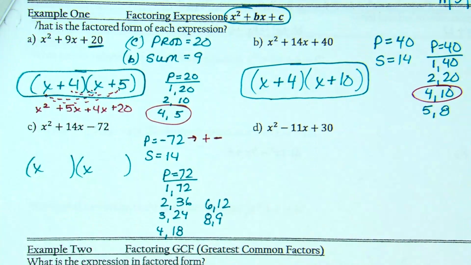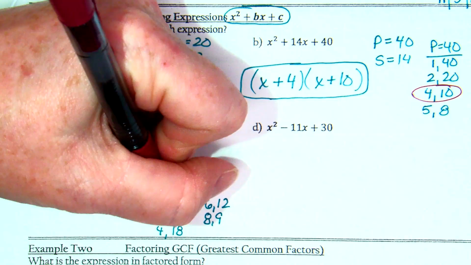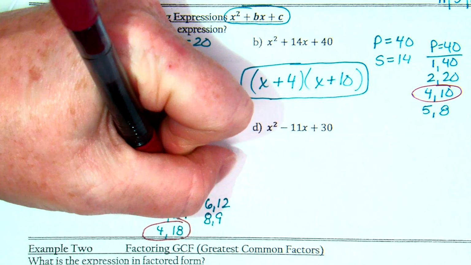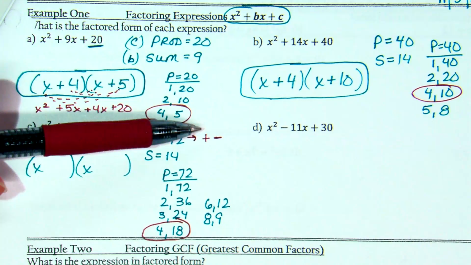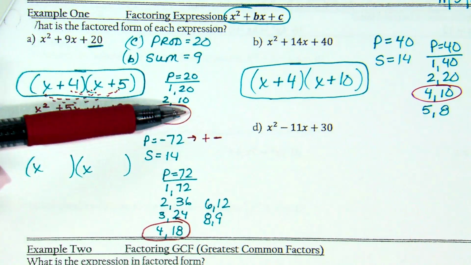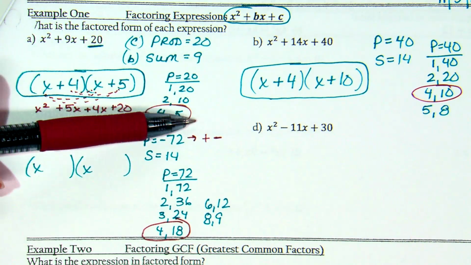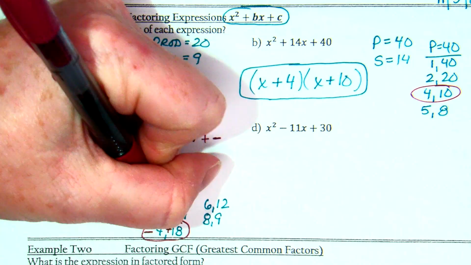Do you see something that could work? Yes. What could work? 4 and 18. And the reason 4 and 18 work, we have to use a positive and a negative, right? What happens when you add a positive and a negative? They actually subtract. How do we get these to subtract to be positive 14? Negative 4, positive 18.